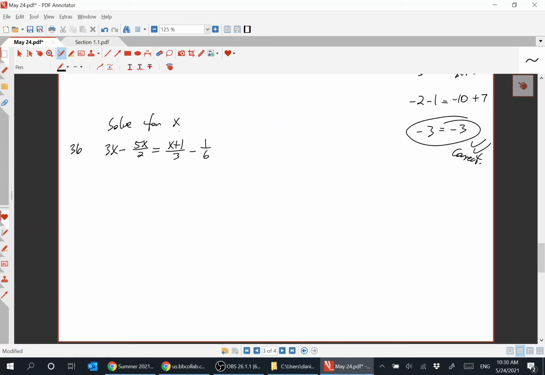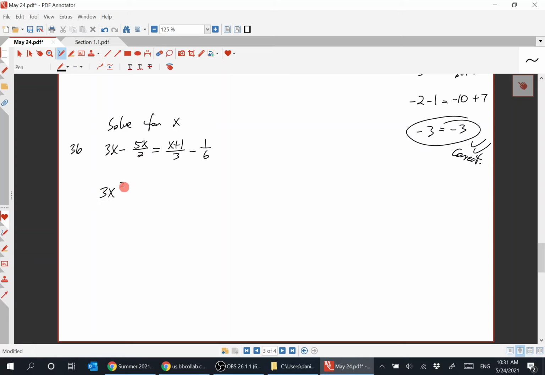Okay, so now since the fractions have become more complicated, let's work just with fractions rather than fraction coefficients. What I mean by that is I want to add these two x's here. Right? I have 3x and 5x over 2. But I can't add these two fractions without first getting the common denominator.